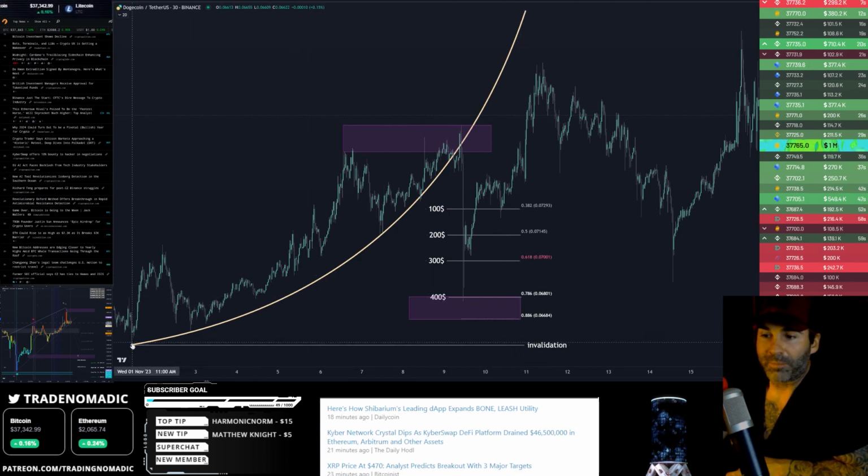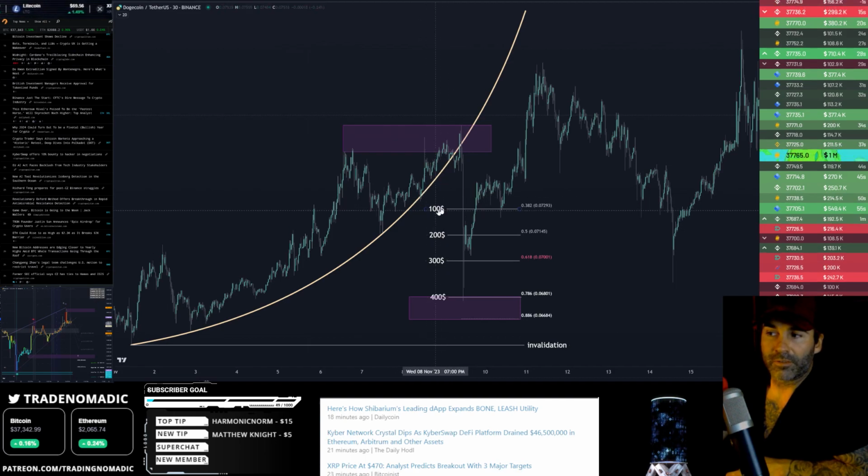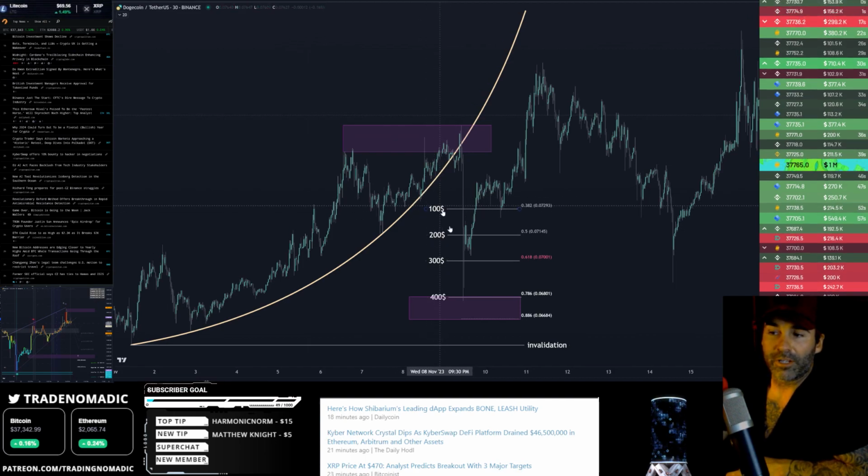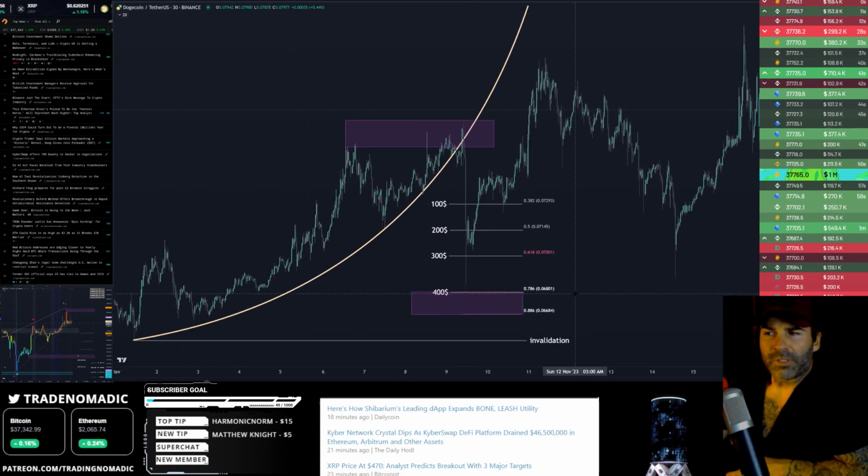If you're going to get stopped out down here, the lower you buy is less risk, and it's proportionately in your favor. If you get $100 entered here and you get stopped out, it's a lot better than having everything entered and then you get stopped out. So that's one part of it.